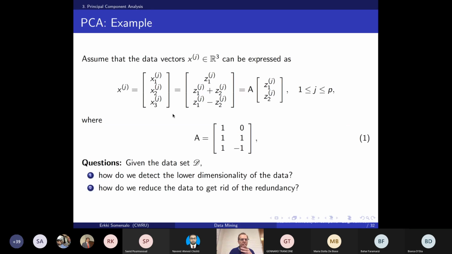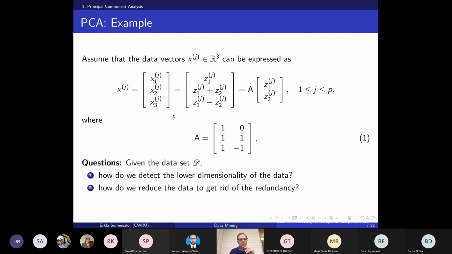So here was an example. We have a three-dimensional data X, but it turns out that this data is actually two-dimensional, embedded in a three-dimensional space. In this particular case, I know that there are two components, Z1 and Z2, which completely explain the data.